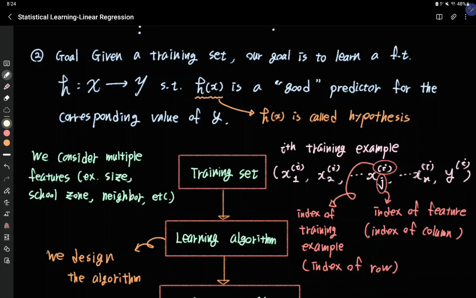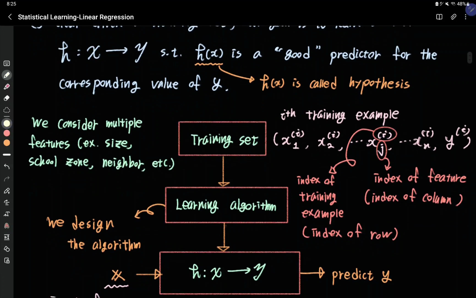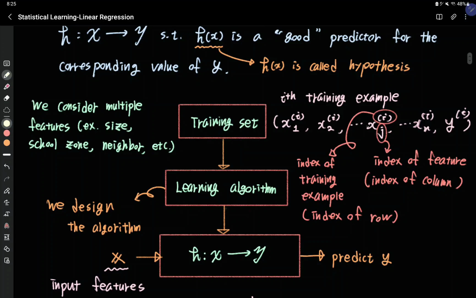Now we want to design the hypothesis for a given training set. For example, the ith training example is x superscript i with subscripts 1 up to n, the features. The subscript is the index of the features. The subscript 1 may represent the living area, the subscript 2 may represent the number of bedrooms, and subscript j may represent the school zone number.